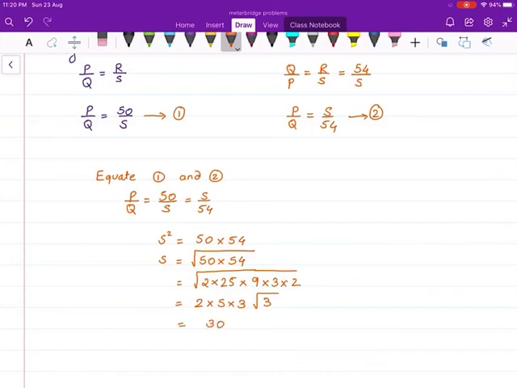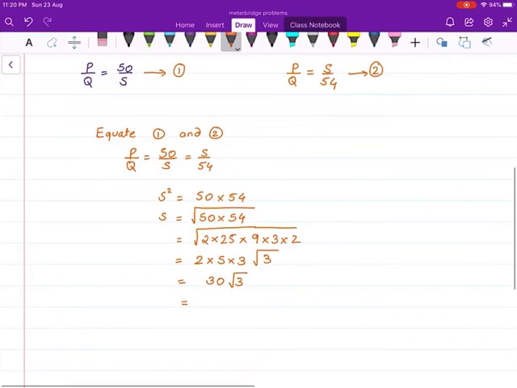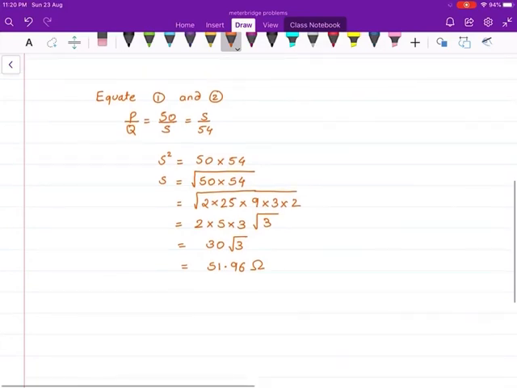So this is 30 root 3, or if you solve this, you will get the answer as 51.96 ohm. So the value of S, or the unknown resistance in the fourth arm, is 51.96 ohm. This is the final answer.